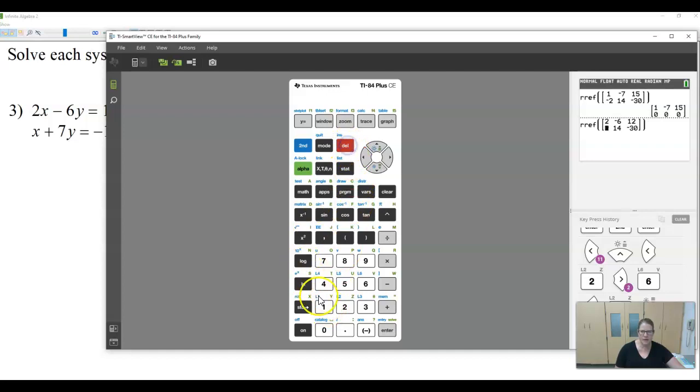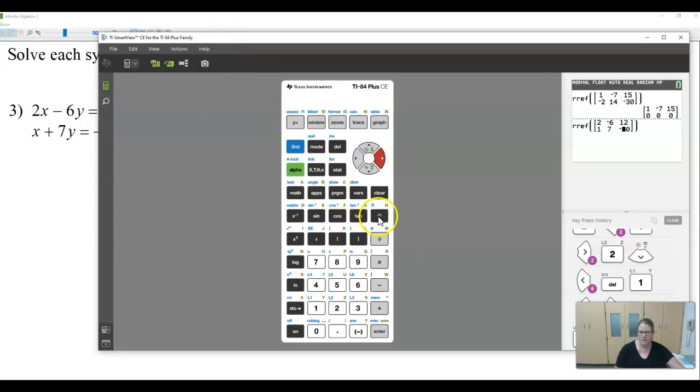I'll delete the negative, I've got a 1, a 7, and I've got a negative 14. So let's delete, okay, 14. And now I can go ahead and just hit enter.